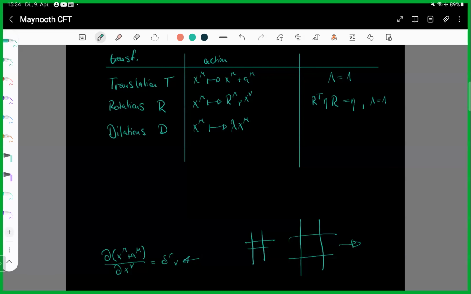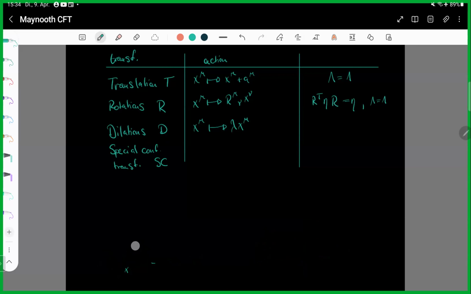And then there is one which is called the special conformal transformation. This one is not as intuitive, but we've just learned about the inversion. What the inversion does is, we had a unit circle, and a point from the inside of the unit circle is taken by the inversion to the outside.